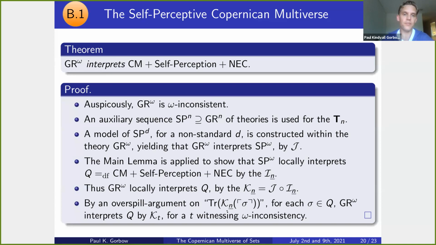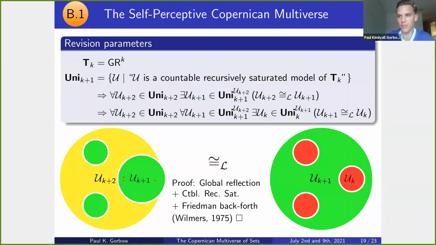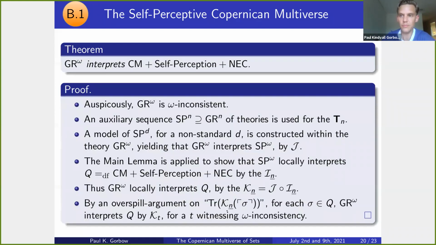And we define an auxiliary sequence of theories SP_n. These are similar to the global reflection hierarchy, but here this axiom of self-perception is formulated. So these theories actually have this iota and self within them. So the property of having this isomorphism is written into those theories, SP_n.